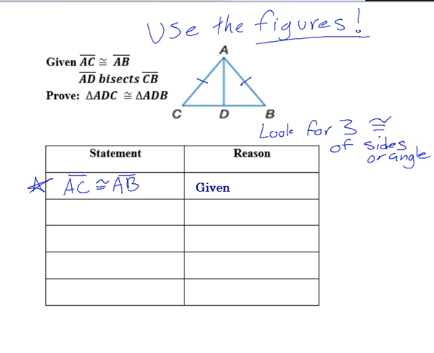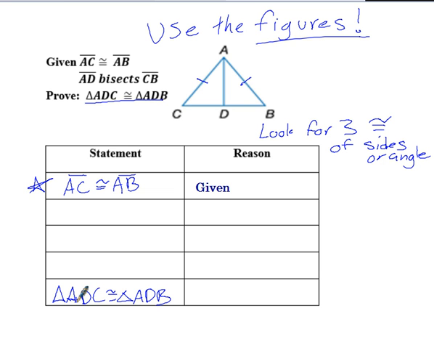As I go through the proofs, I'm going to put a star next to my congruencies, and once I get all three stars, I can say, oh, time to prove the triangle congruent, because that's what we're trying to prove. Prove that triangle ADC, this triangle here, is the same as this triangle here. So I already know that that's going to be my last step, so I can fill that in.